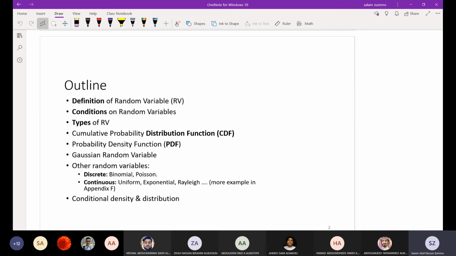We'll define two distribution functions, the probability density function and the cumulative distribution function. We'll talk about different random variables, mainly the Gaussian random variable and other examples like binomial, Poisson, uniform, exponential, and so on. And we'll end up with what we call the conditional density and distribution functions.